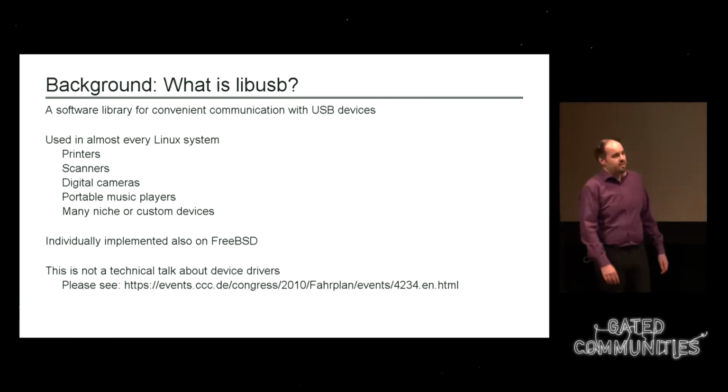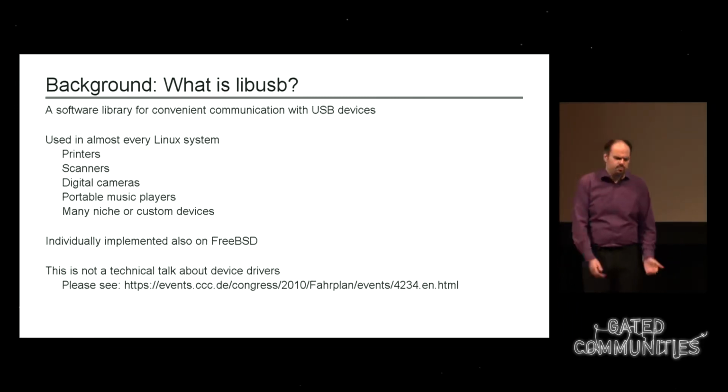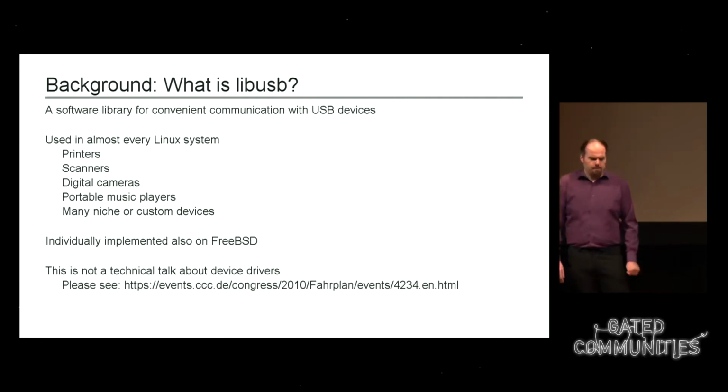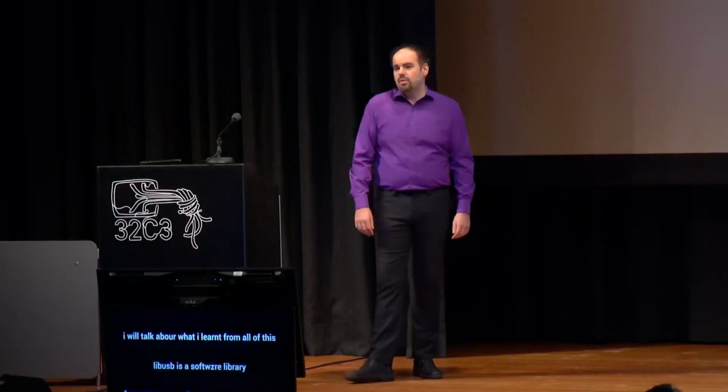So libusb is a software library for programmers that want to communicate with USB devices of different kinds in an easy way. It's pretty widely used in Linux systems. It's also used in some Mac OS software and even some Windows software here and there.